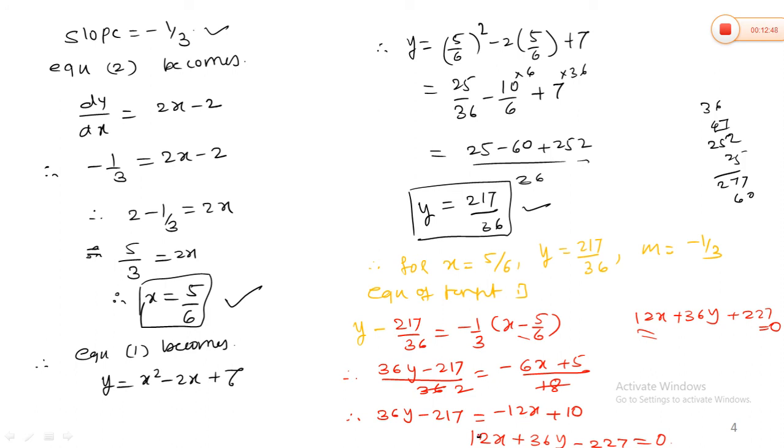Minus 12x becomes plus 12x and plus 36y minus 227 equal to 0 is the required answer. So 12x plus 36y minus 227 equal to 0. So this is the equation of the line.